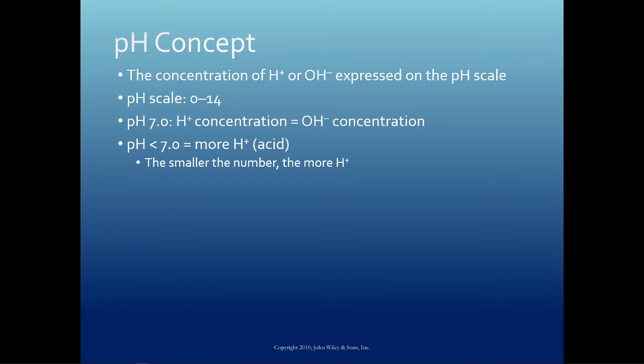So if I move from a pH of 6 to a pH of 5, it's not that the acid that has a pH of 5 is 1 time stronger than the acid that has a pH of 6, because it's a one number jump. We've got to remember that every one of those whole numbers represents a 10 times fold. So that solution that's a pH of 5 is actually 10 times stronger of an acid than the pH of 6.